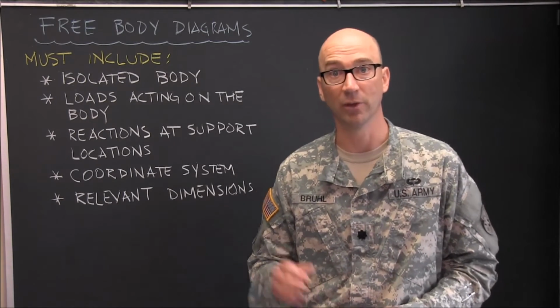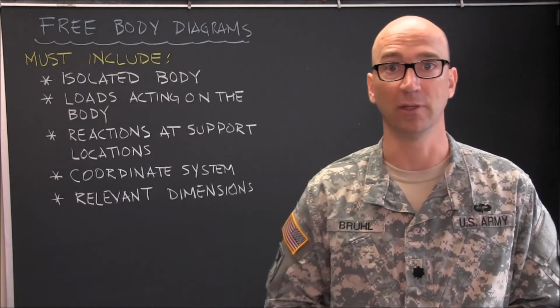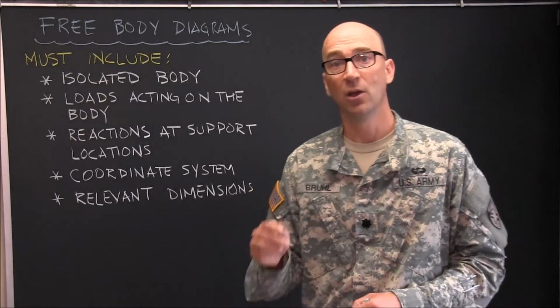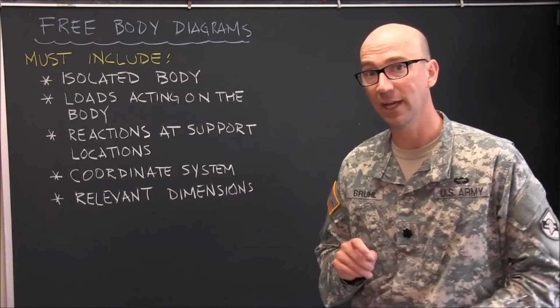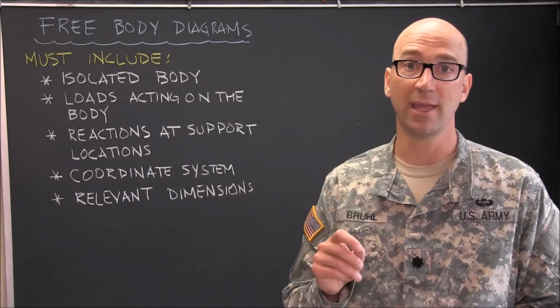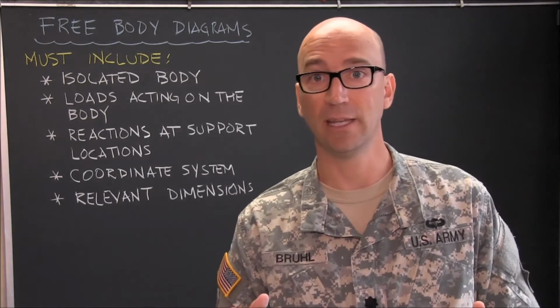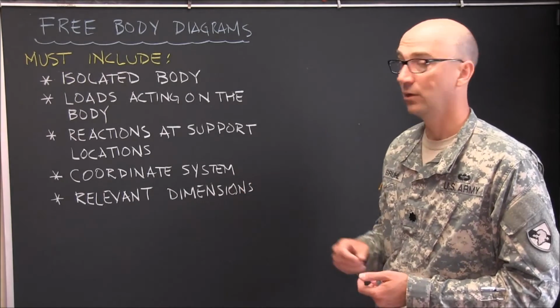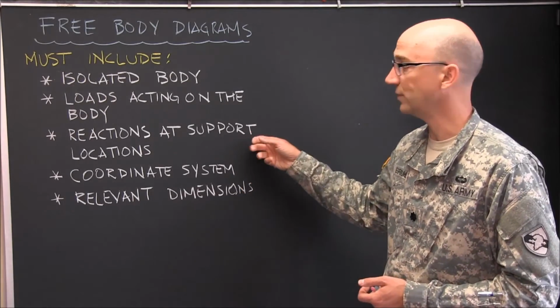Automobiles driving over a bridge, wind blowing against a building, for example. These are all examples of loads acting on a structure, which differ from reactions at the supports. Reactions are forces and moments that restrain or resist translation or rotation, which is the purpose of these physical supports.